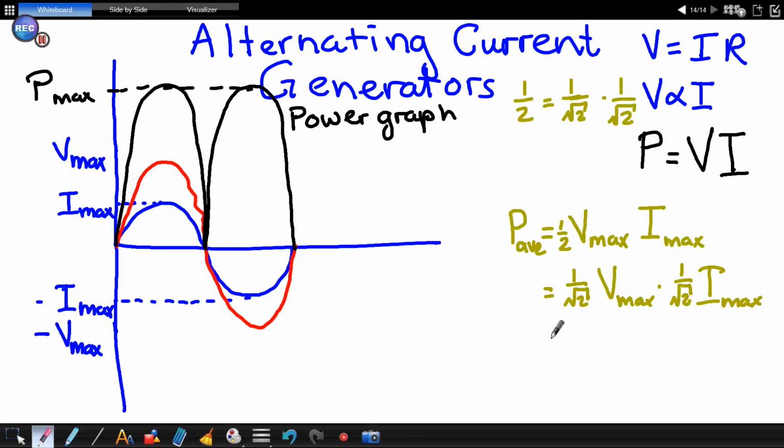So technically, you're taking the V max and dividing it by the root of 2. I'm just going to rewrite this equation: V max divided by the root of 2 times I max divided by the root of 2.